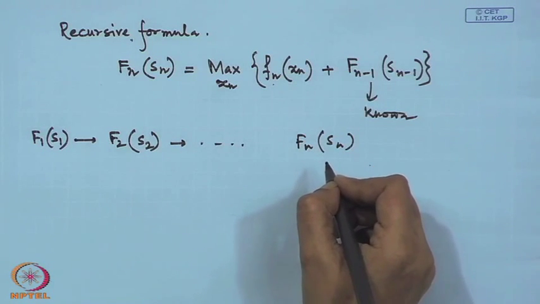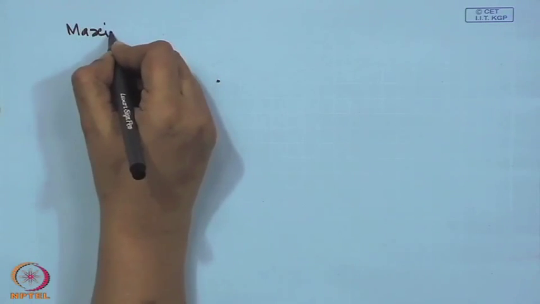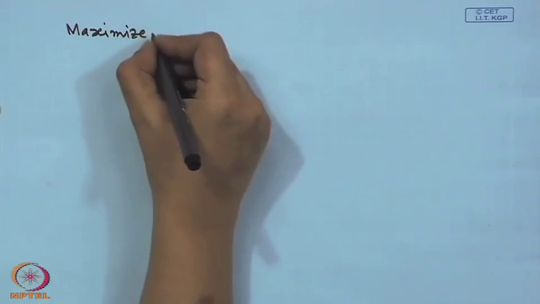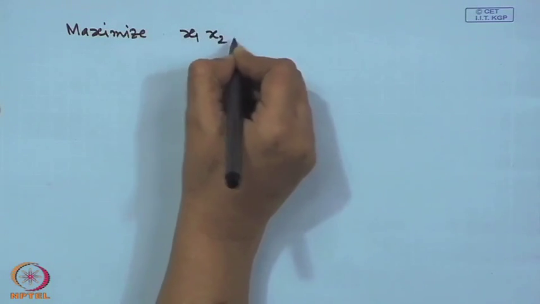That means each time the optimization occurs in a single variable. How does it come as a single variable? Let me take one simple numerical example, then it would be clear to you. Corresponding to this model, where we are considering the single additive constraint and multiplicative separable returns, there are 3 decision variables, x1, x2 and x3.